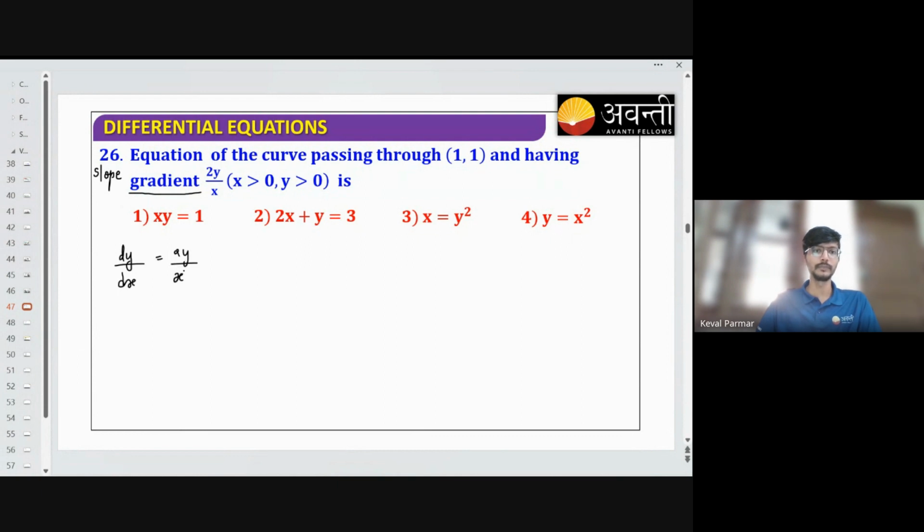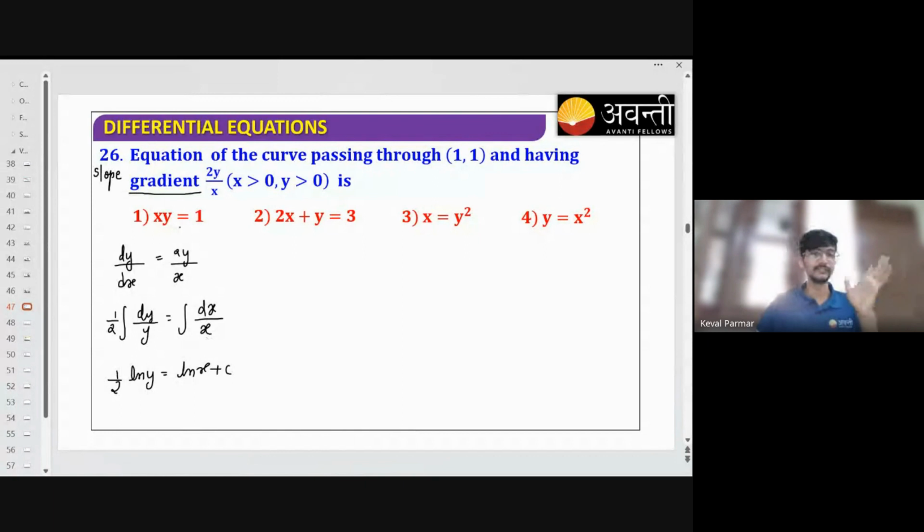So simple. Just cross multiply. So I'll get 1 upon 2 integration dy over y equals integration dx over x. So basically I'll get 1 by 2 ln y equals ln x plus c.